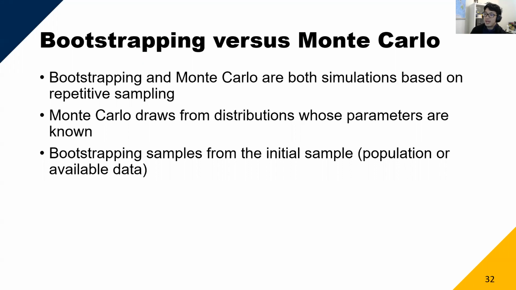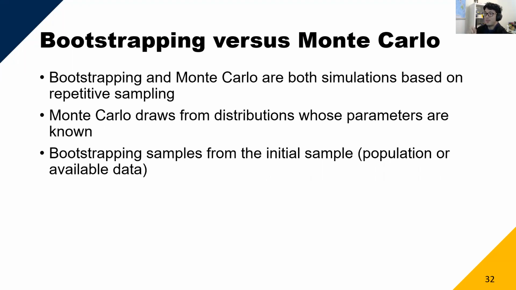Bootstrapping, instead of doing that, is where you have some kind of population or large data set that provides the values for the distribution. Instead of inventing the distribution, I simply sample directly from that initial data set.